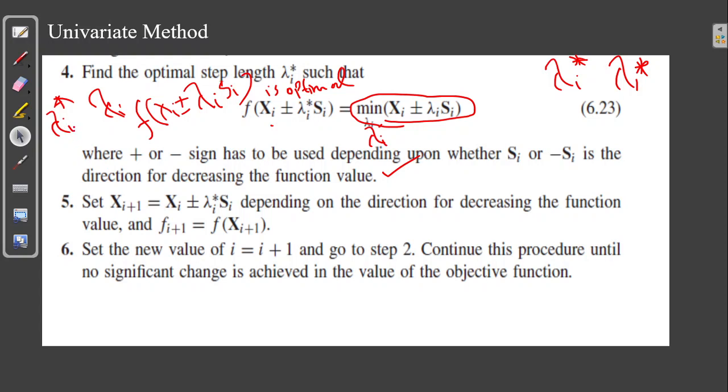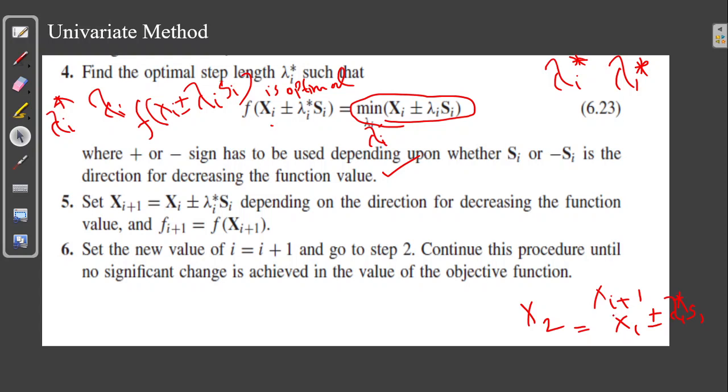Lambda I star means lambda I optimum. Now in the fifth step we will set the new vector, that is Xi plus 1, and in our discussion it will be X2. So X2 will be equal to X1 plus or minus lambda 1 star into S1.